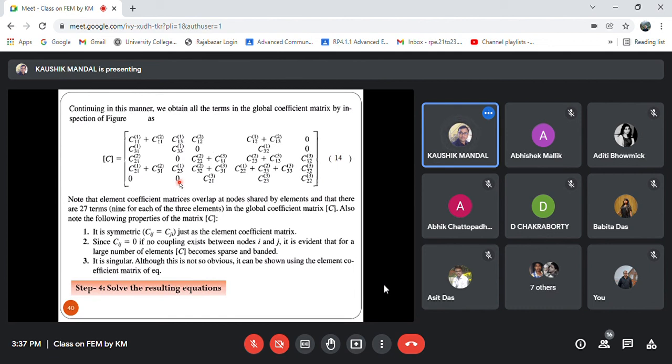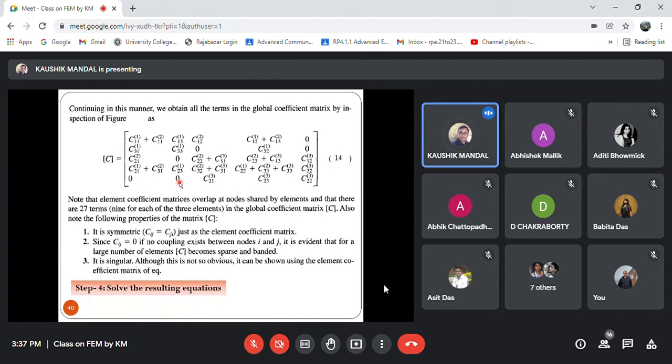Next, once you find out the governing equation for a single element, in the next step, you have to assemble all the elements of the corresponding solution region to find out the set of equations, and in the final step, you have to solve the entire set of equations for the final solution.